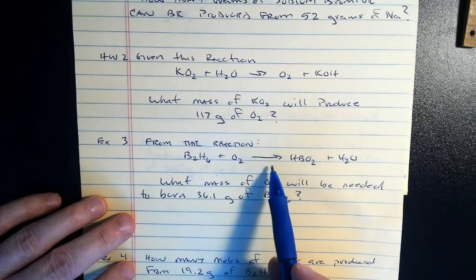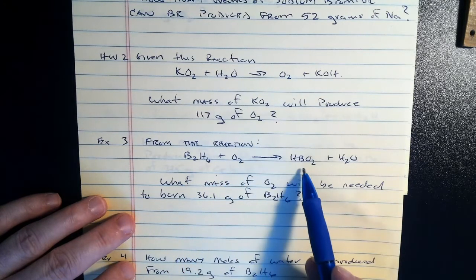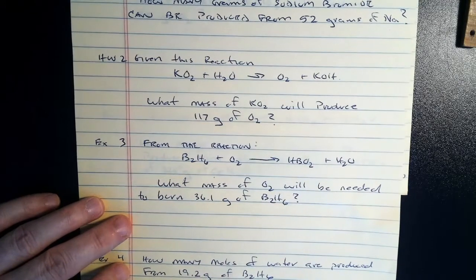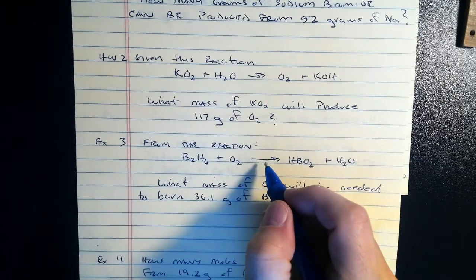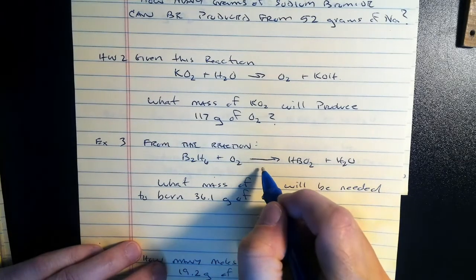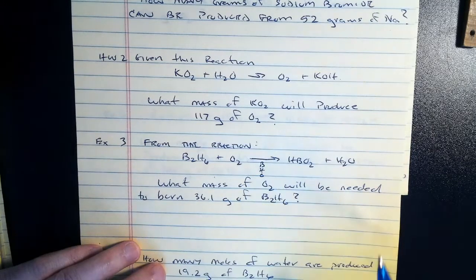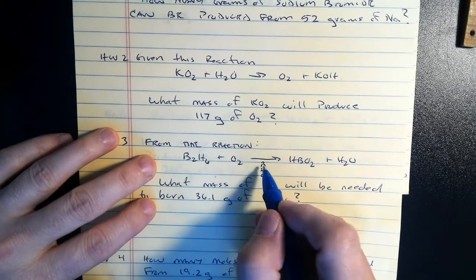From this reaction of B2H6 reacting with O2 to produce HBO2 plus water. This is not balanced. Now I do not leave very much room here, but we can still do this. So I'm going to put B, H, and O here. So we've got to have a balanced equation. So we're going to balance this together.